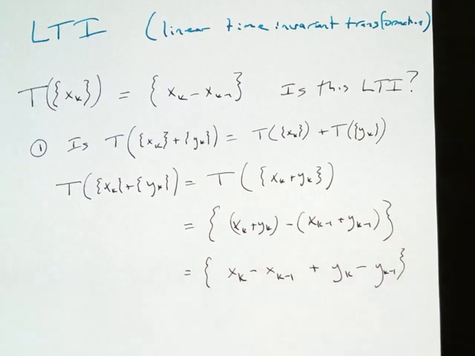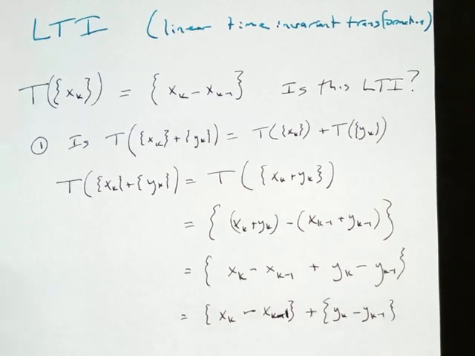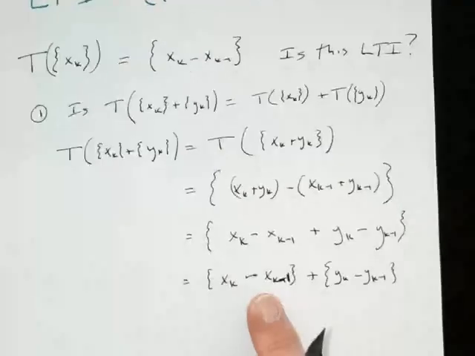Perfect. But notice, that's two things added together, right? Which means I could make it two separate signals, couldn't I? That should be a minus sign there. But wait a second. What's this?